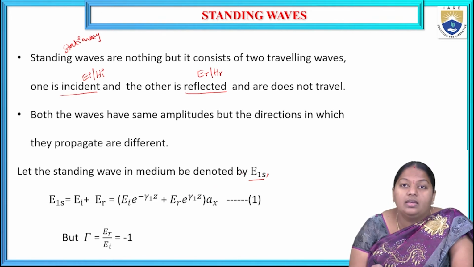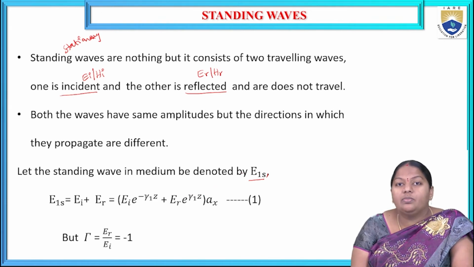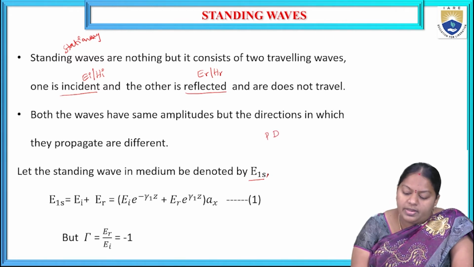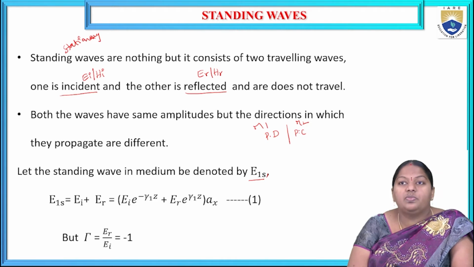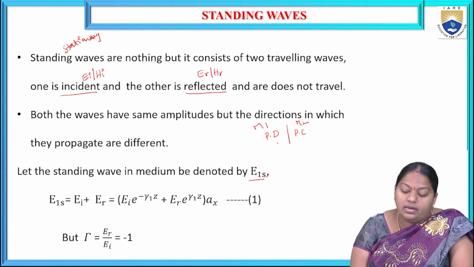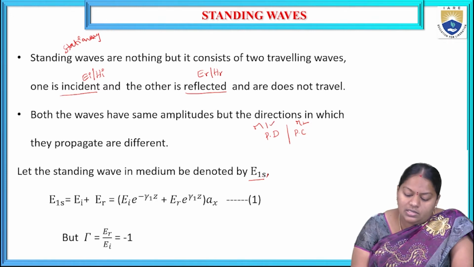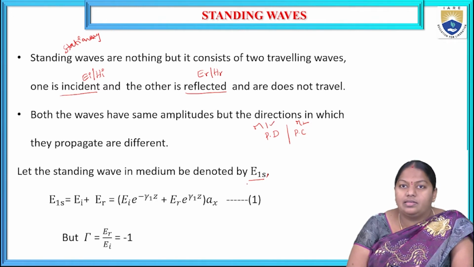Because in the normal incidence at a plane conducting boundary case, we are assuming medium 1 is a perfect dielectric medium, and medium 2 is assumed as a perfect conducting medium, right? The two traveling waves exist in the dielectric medium only. Hence, the dielectric medium is considered as medium 1, and the notation is E1S.